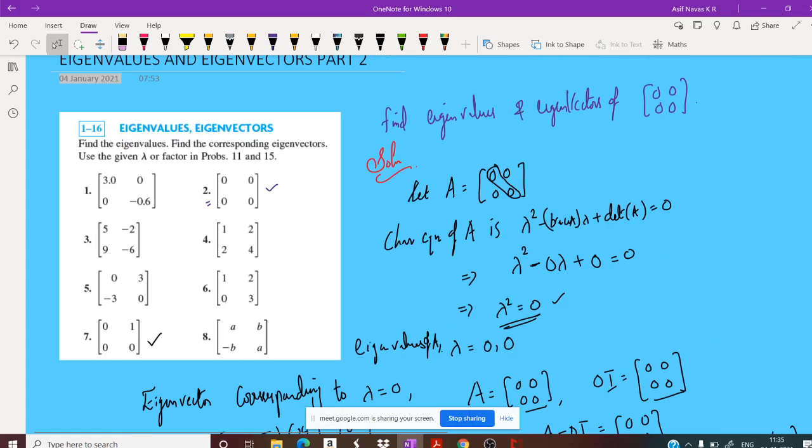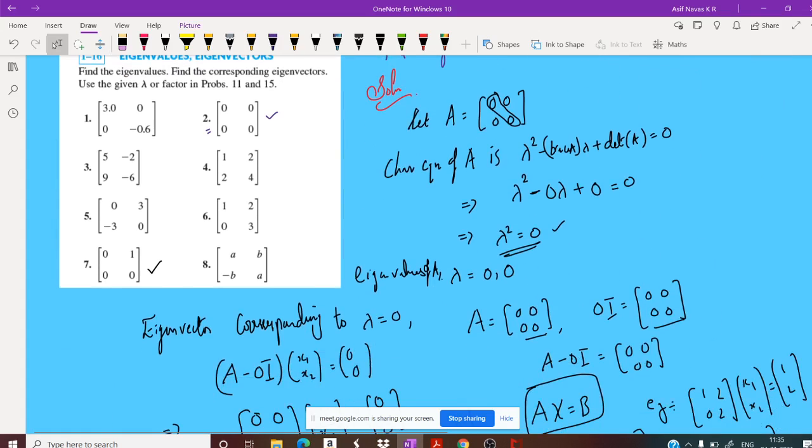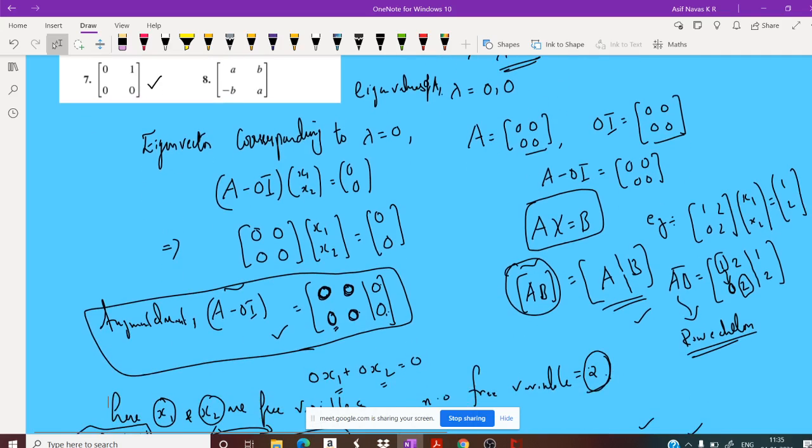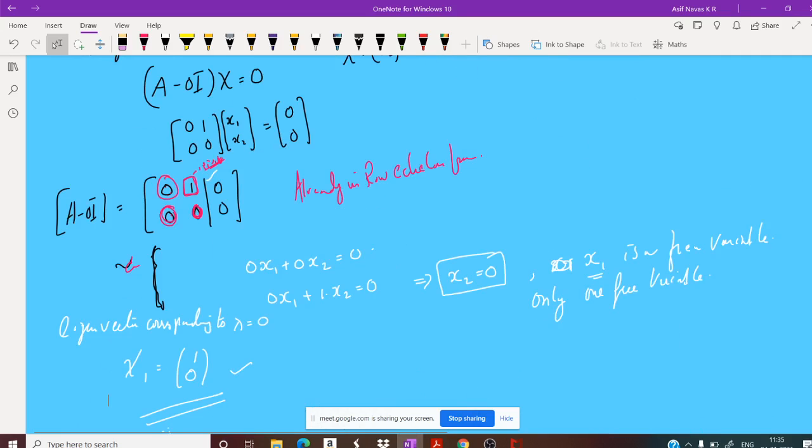If the eigenvalues are not distinct, for example for this matrix, there are two eigenvalues, lambda equal to 0, 0. 0 is repeated twice, but while solving we have only one free variable, so we get only one linearly independent eigenvector.